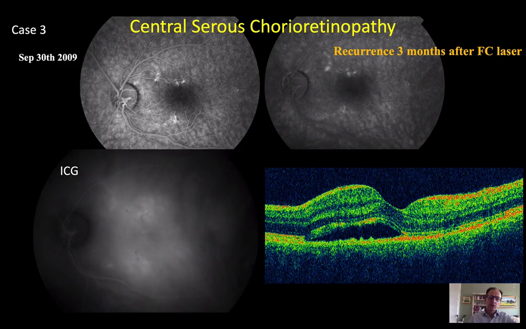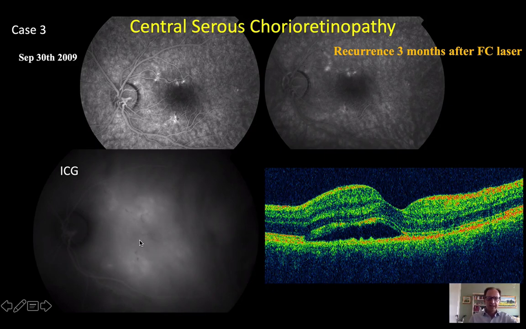Probably we should have performed the indocyanine green angiography earlier, at the beginning of the history of this patient, because indocyanine green angiography, as you can see, showed us multiple areas of hyperpermeability of the choroid.